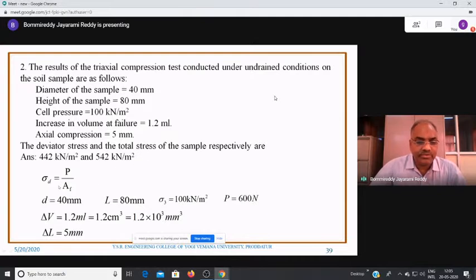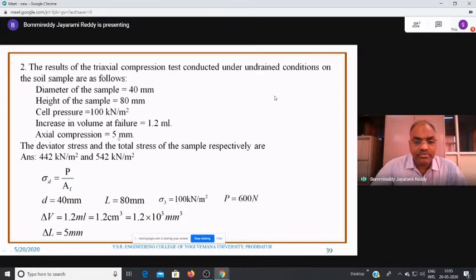For this, sigma d equal to P by area at failure, and all these parameters are given. The change in volume delta V is 1.2 ml. 1.2 ml means 1.2 centimeter cubed. In terms of millimeter cubed, multiply by 10 power 3 millimeter cubed.